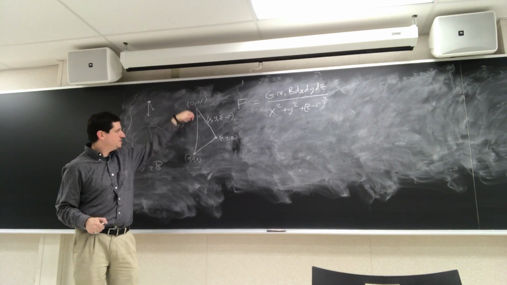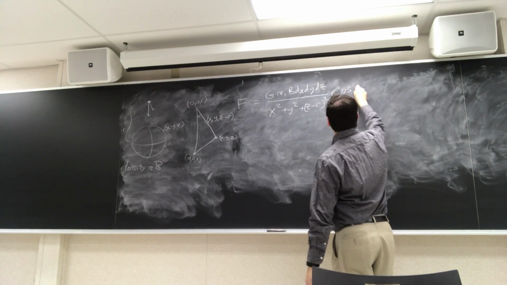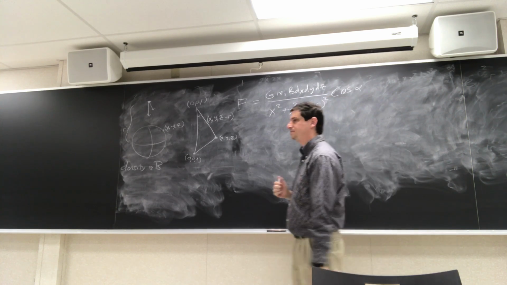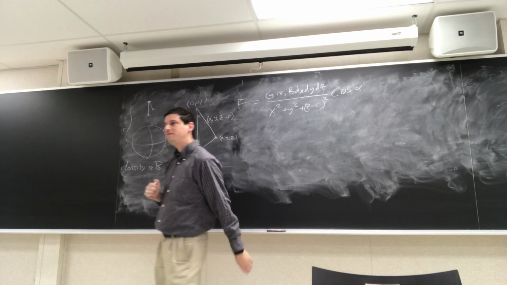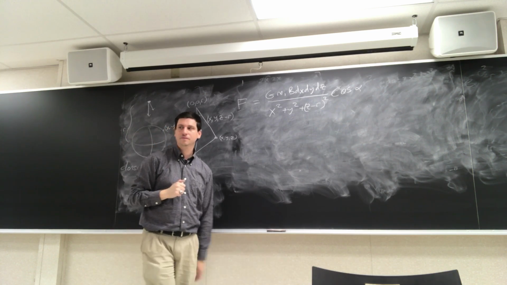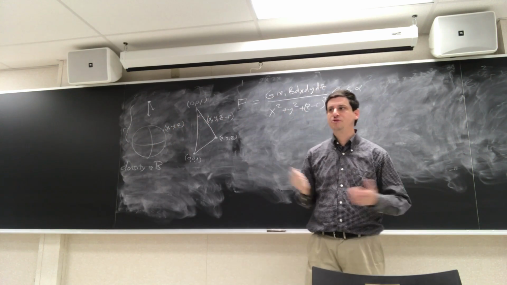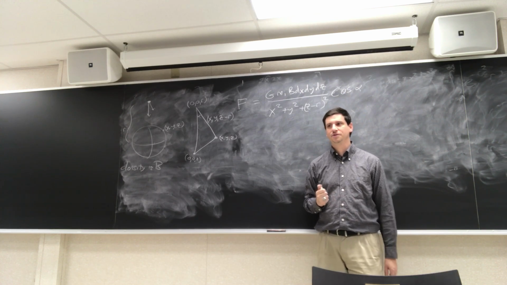I want the force that's coming down, so I need to multiply this by the cosine of alpha. How would I find the cosine of alpha? I need to figure out how much to depress the contribution of the force.